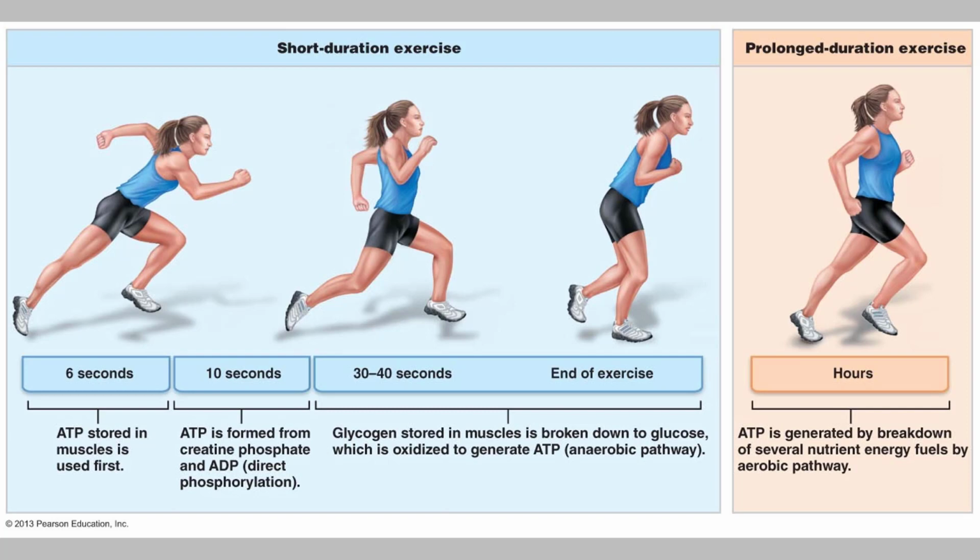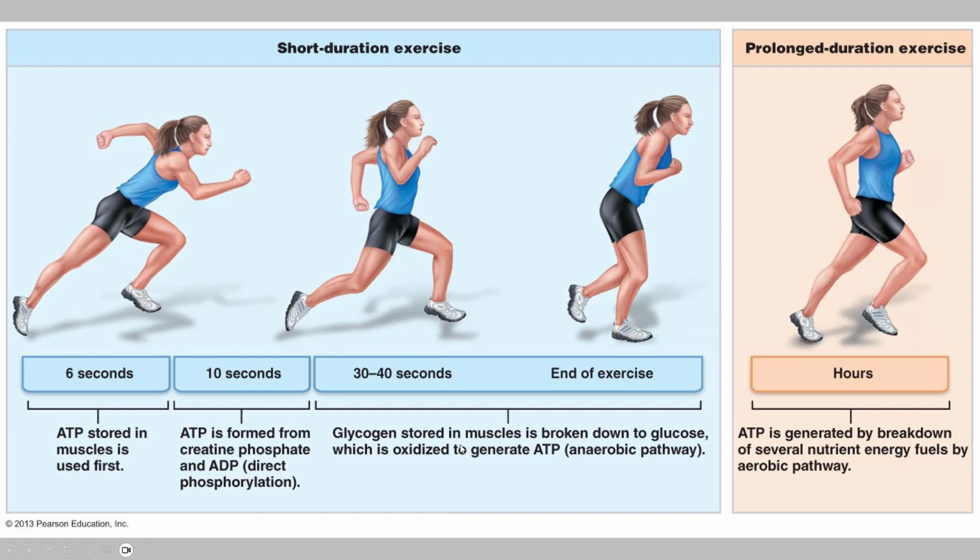So how does this apply? Well, when we first start to exercise, if it is something short duration, like a sprint or something, the first 6 seconds, we're not really making ATP. We're using the ATP that's stored in the muscles. After that, for about 10 seconds, we're going to use that creatine phosphate.